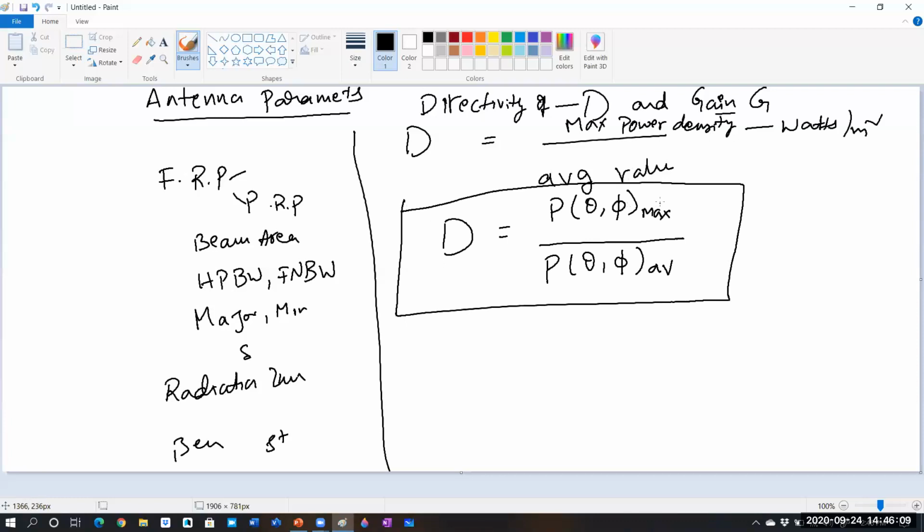Again, the formula can be represented as directivity is a dimensionless quantity, which is the ratio of power density of a maximum value to the power density of average value on the sphere, right? Which is greater than or equal to 1. So from this one, we want to write some equations which are the minimized formula of a directivity, and let us look into that.